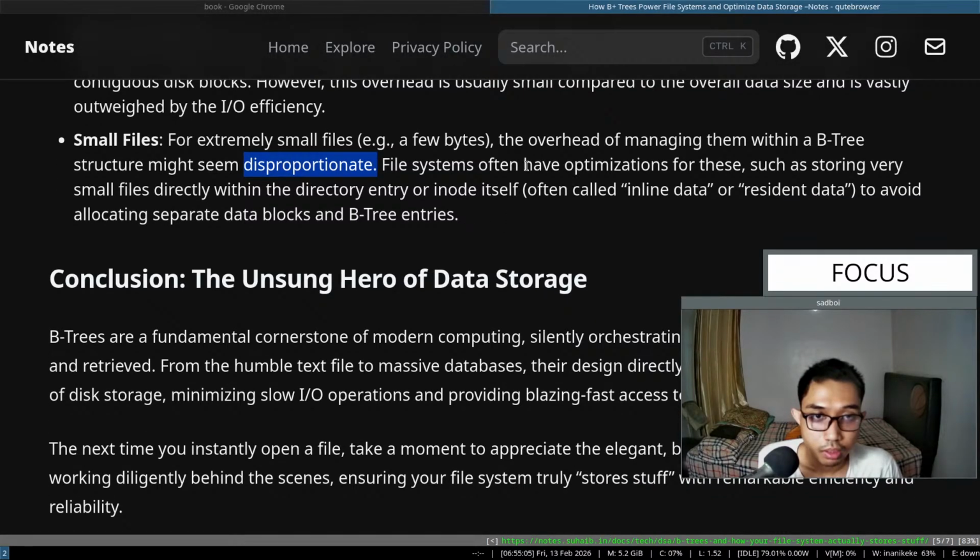File systems often have optimizations for this, such as storing very small files directly within the directory entry or in the inode itself, called inline data or resident data, to avoid allocating separate data blocks and B-tree entries.